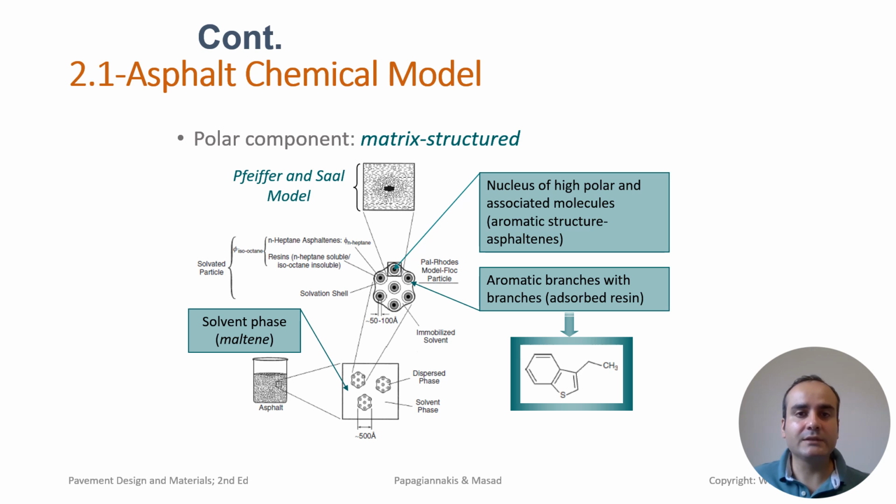Maltenes give asphalt its viscous nature. Saturates are nonpolar aliphatic compounds that are mostly inert. Aromatics are slightly more reactive due to their ring structures, providing flexibility. Resins are polar compounds that contribute to adhesion and help bind asphaltenes into a stable structure.